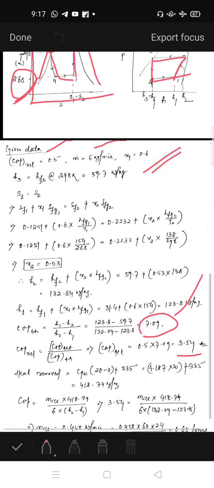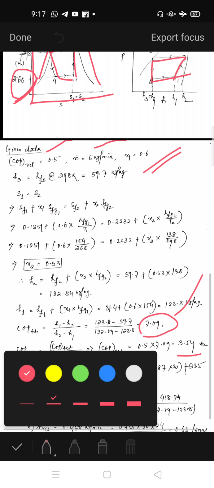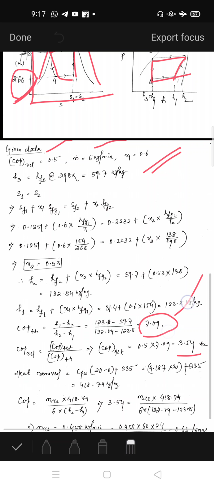First find the heat removed. Heat removed will be CPW into the temperature difference, because you are cooling the water from 20 degrees centigrade and you want to produce ice at 0 degree centigrade.